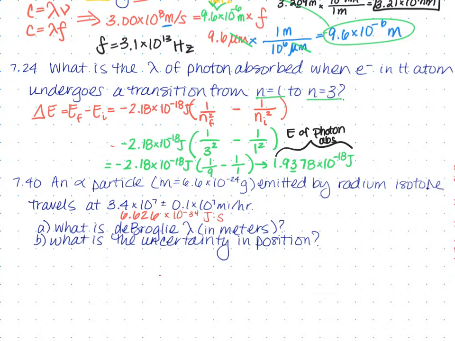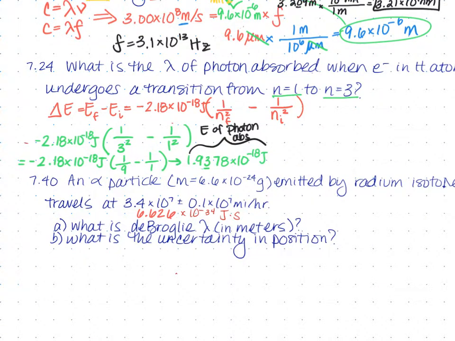I can take that along with my equation. I move this over to the side just so we'd have more room. Energy of a photon is equal to Planck's constant times speed of light over lambda.